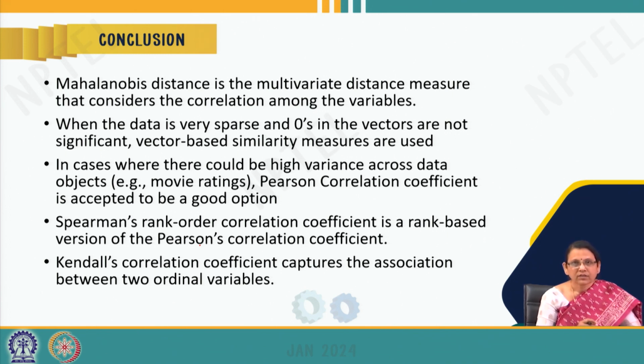In case we are not interested in the linear relationship which is represented by correlation coefficient and we are interested in the rank, we can use Spearman's rank order correlation coefficient. It is a good measure. It is a ranked version of Pearson's correlation coefficient and it is a good measure when there is a non-linear relationship in the data as well.